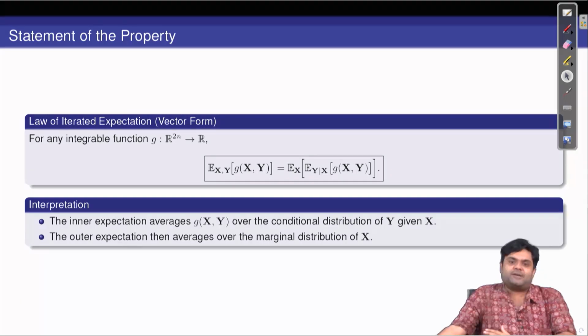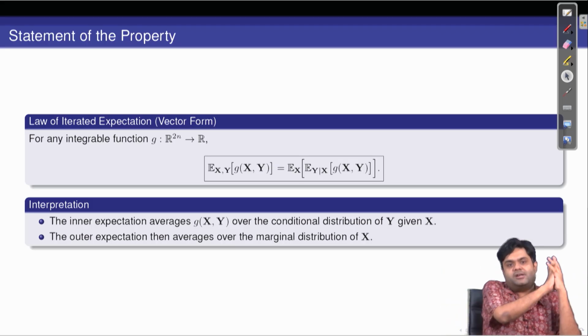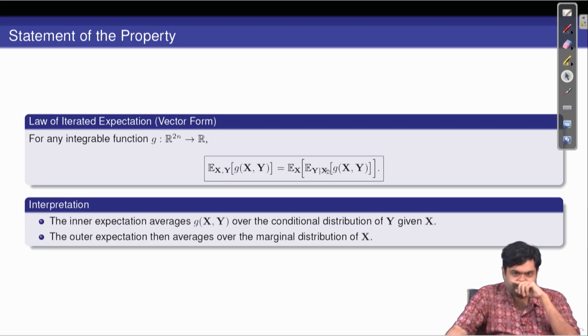This iterated expected value is nothing but the unconditional expected value of g(x,y) when you take the whole distribution. The inner expectation averages g(x,y) over the conditional distribution of y given x, and the outer expectation averages over the marginal distribution of x. So this is how the expectation of g(x,y) can be calculated with respect to the unconditional distribution of (x,y).